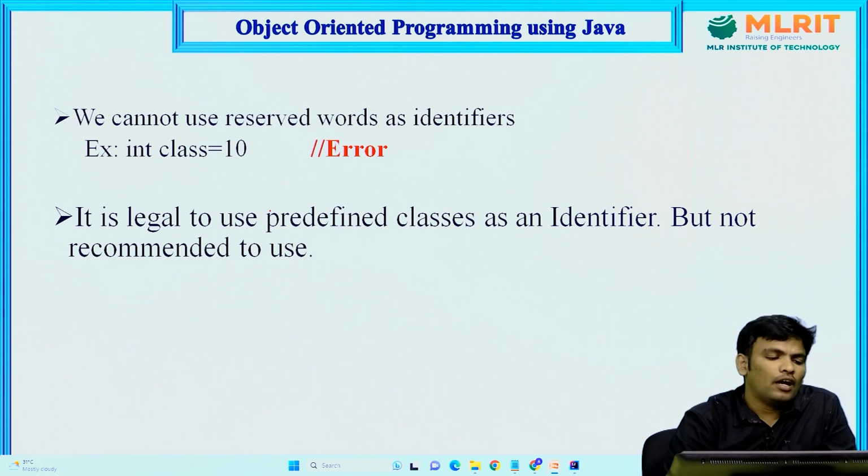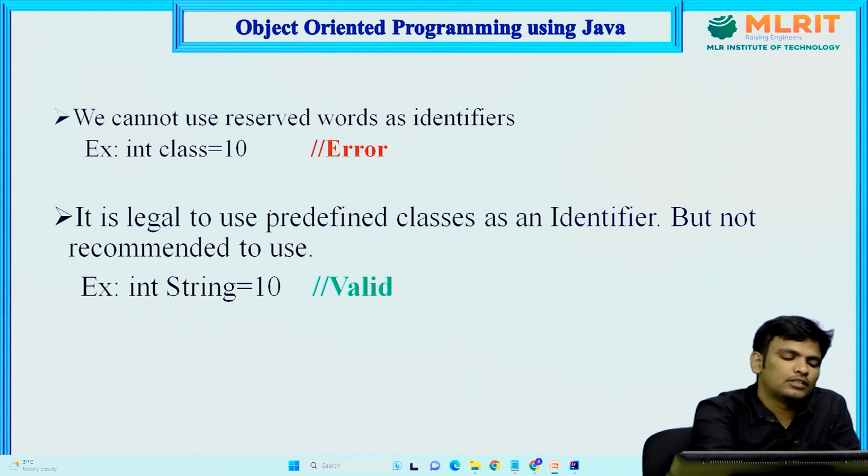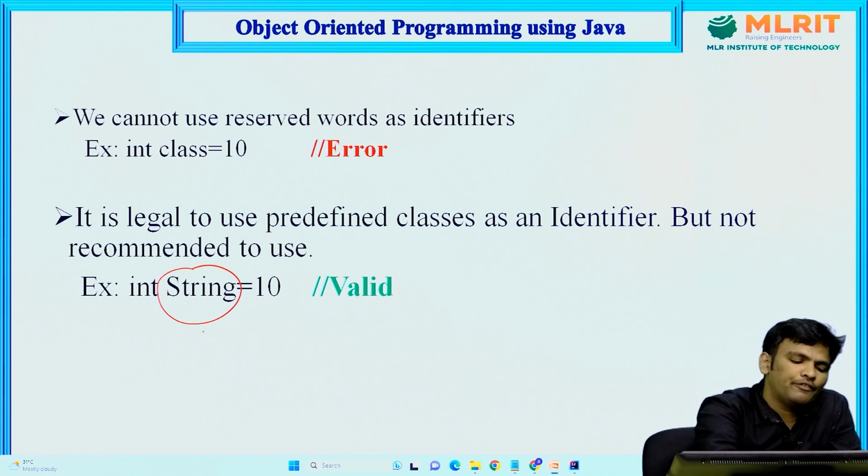And it is legal to use predefined classes as an identifier, but it is not good programming practice. The best example is, suppose you declare a variable like int string = 10. Here String is a predefined class name.